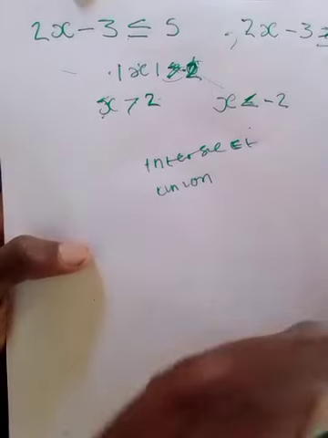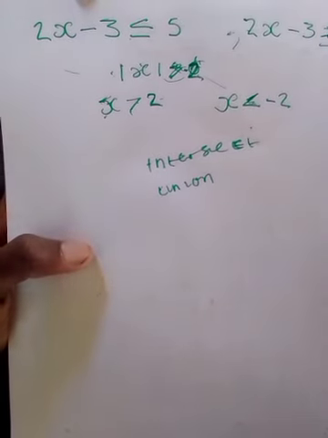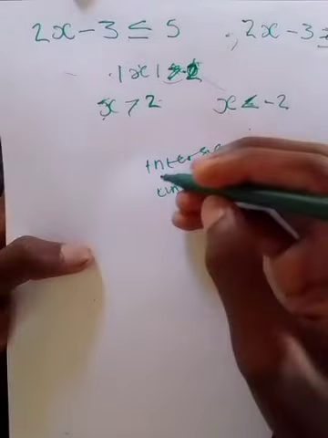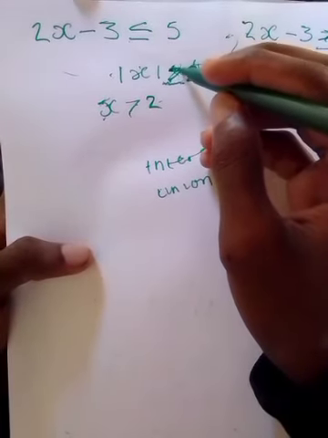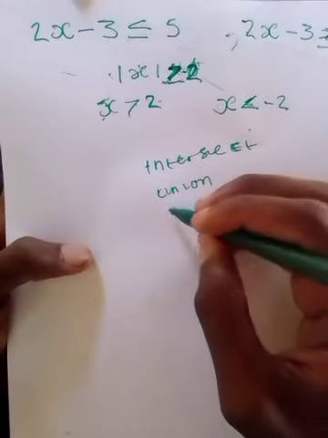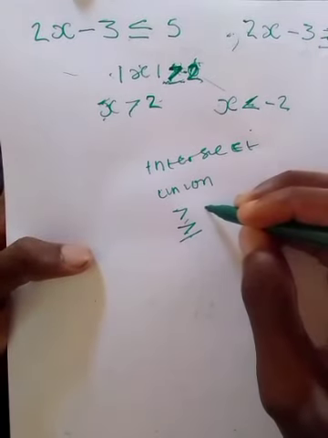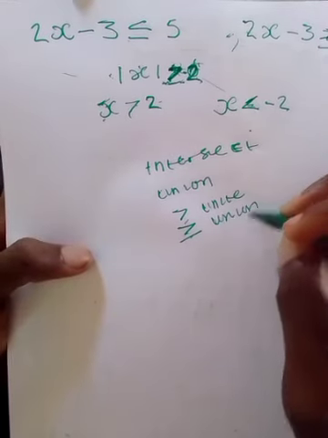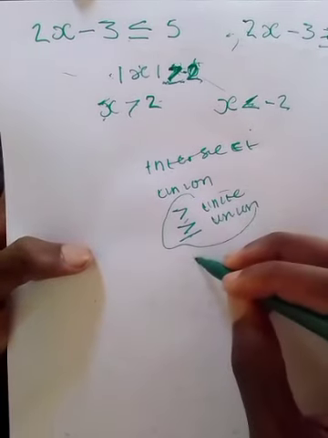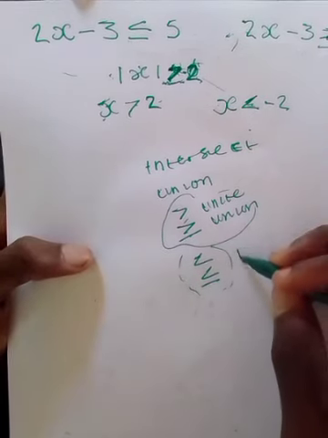What will determine whether it is to unite or to find the intersection is the sign in the initial question. If in the question there is a greater than or equal to, you just unite them, find the union. But if there is less than or equal to, you need to intersect.